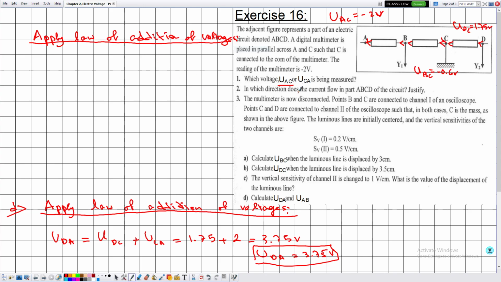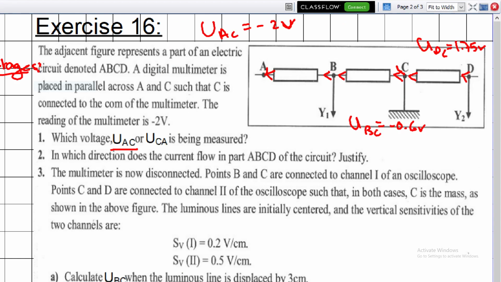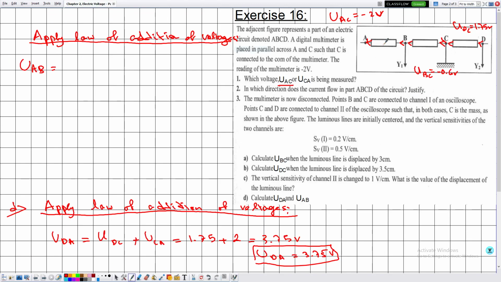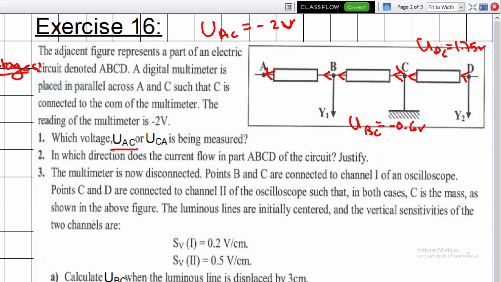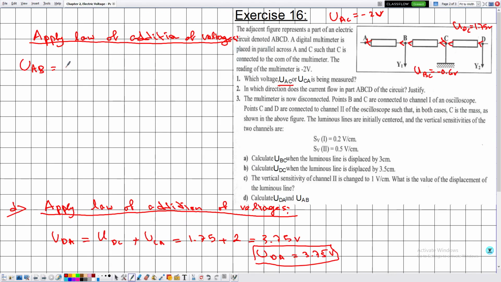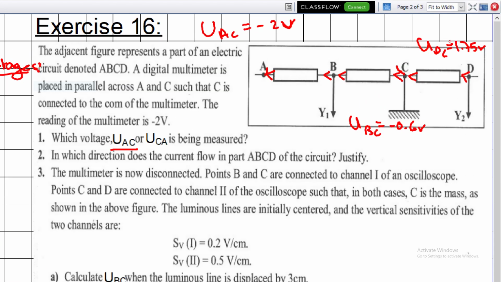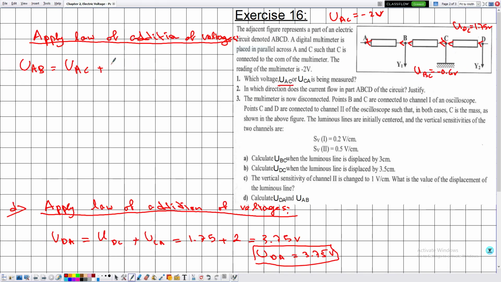Knowing that the voltage that you are interested in is UAB, now we need to go from A to B. Notice that we can go from A to C because we know the voltage UAC. And then we can go from C to B because we know the voltage UBC.